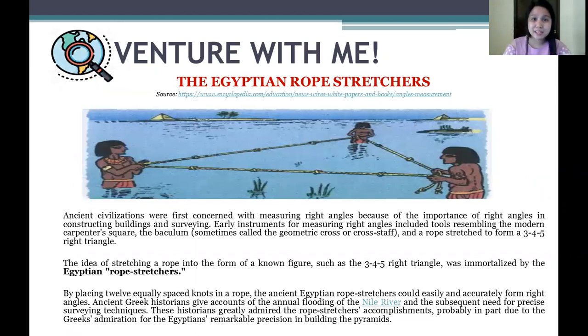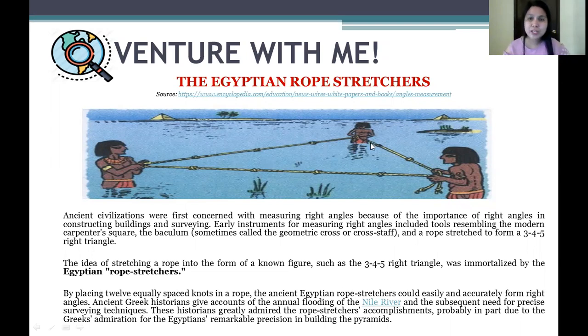It's about the Egyptian rope structures. Now, what is this all about? Ancient civilizations were concerned because, you see, before they needed to make right triangles. And a right triangle needs to have right angles, but they didn't have a specific measuring device before.